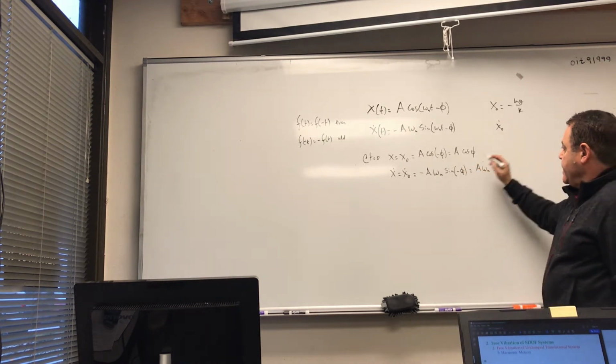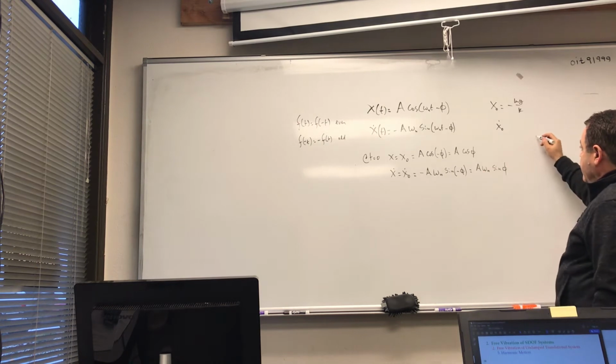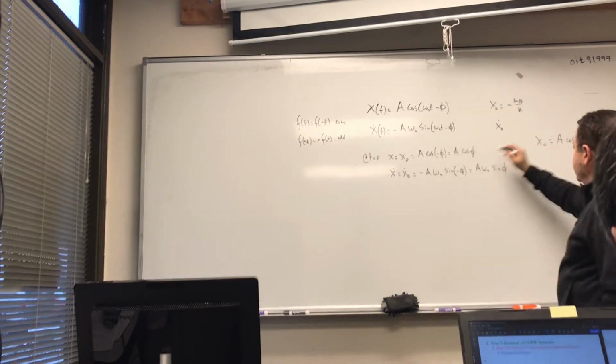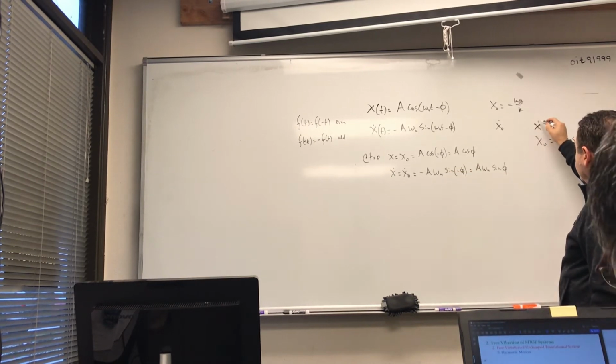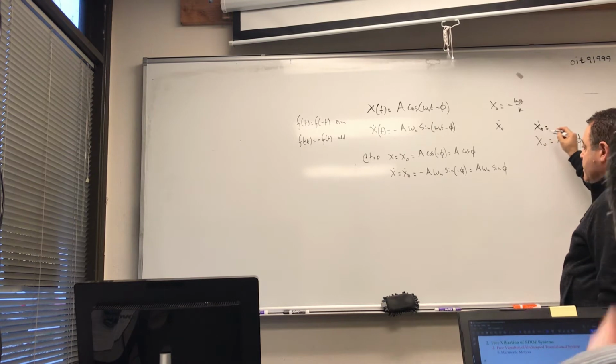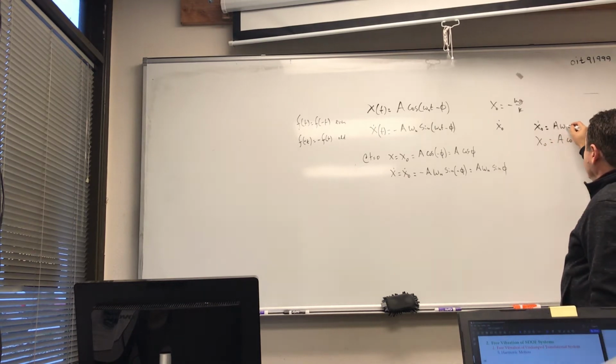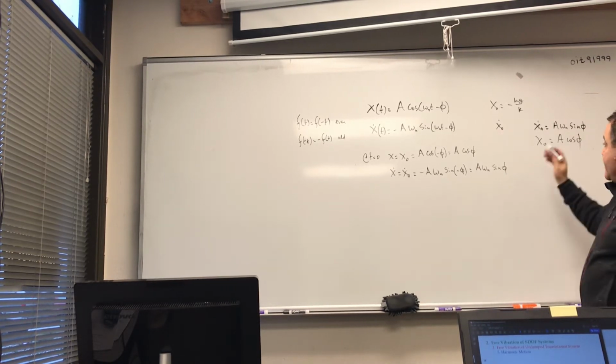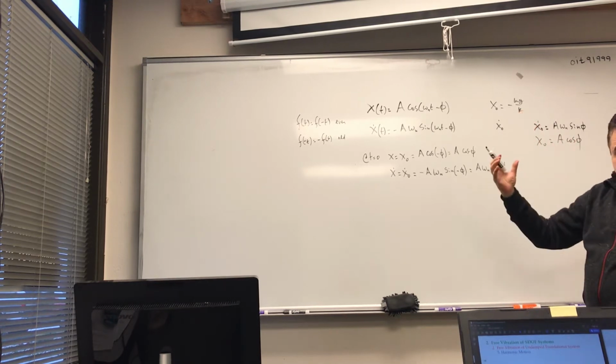So here, we got x naught equals A cosine phi, and then we got x dot 0 equals A omega n sine phi. How am I going to solve for A and phi? Divide, always. Divide so you can get the tangent showing up.